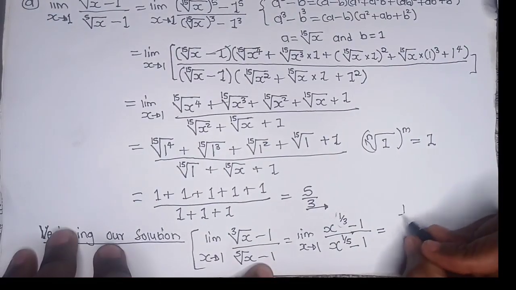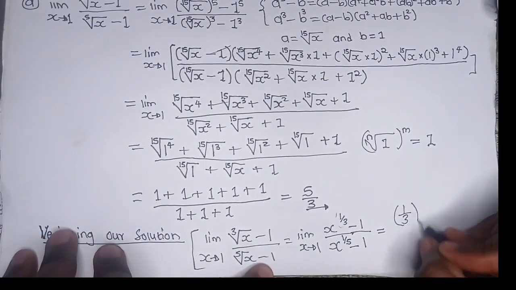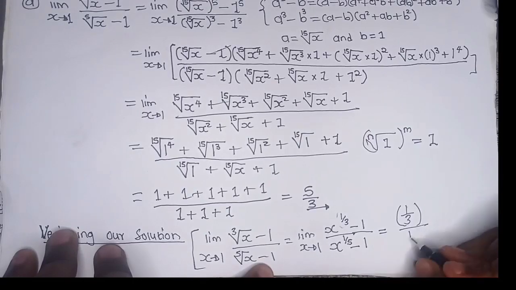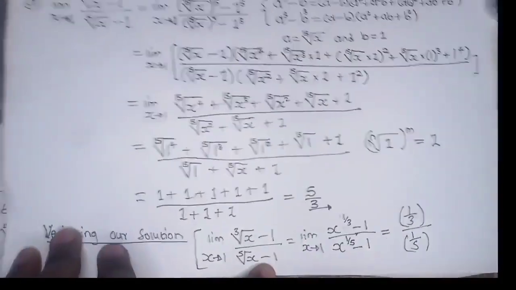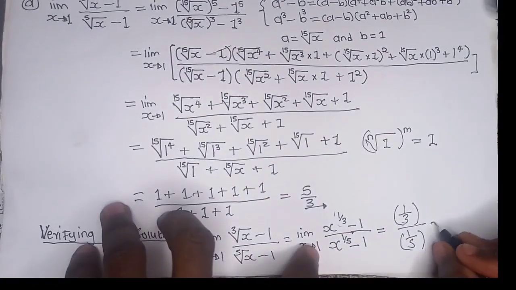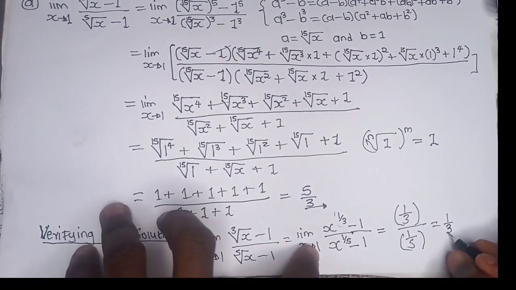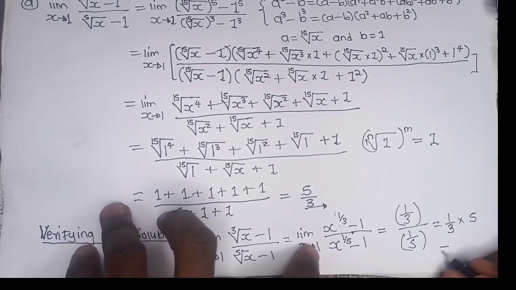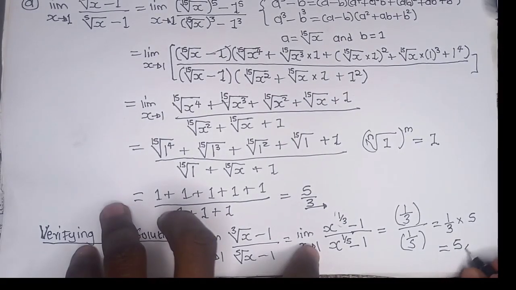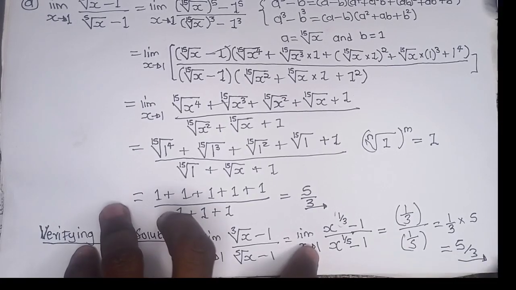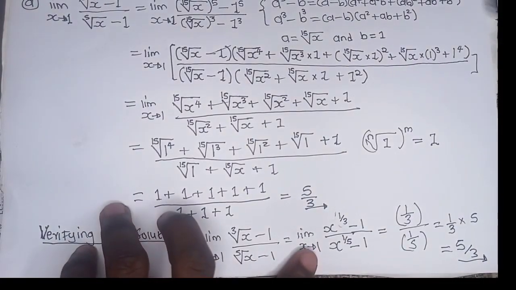So it's 1 over 3 divided by 1 over 5, which is the same as 1 over 3 multiplied by 5. Indeed, the answer is verified, 5 over 3. That's how we do it.